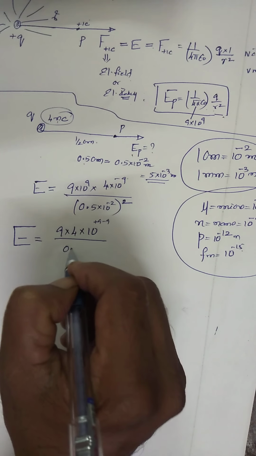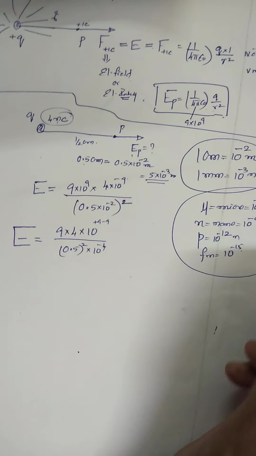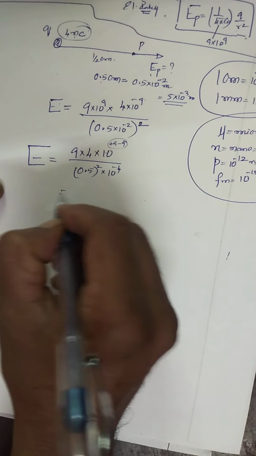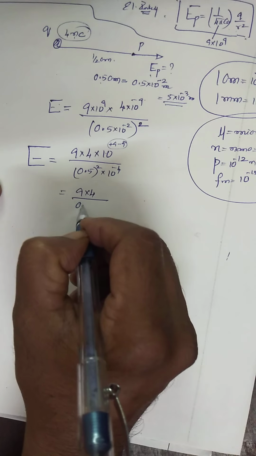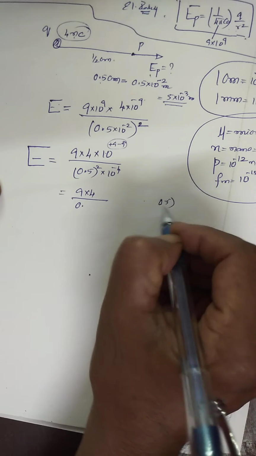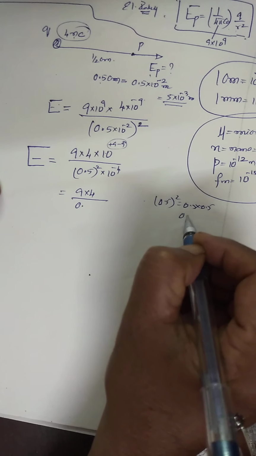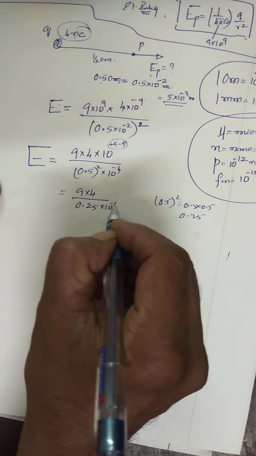Thereby 0.5 whole square into 10 to the power of minus 4. Anything raised to the power of 0 is 1. 0.5 whole square is 0.5 into 0.5, that is 0.25, correct? Times 10 to the power of minus 4.